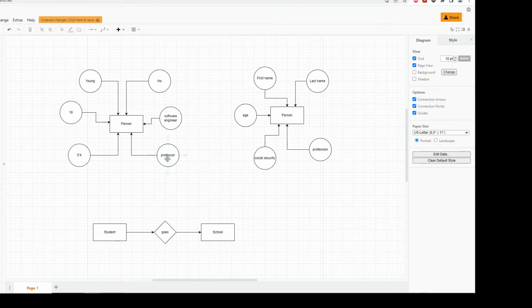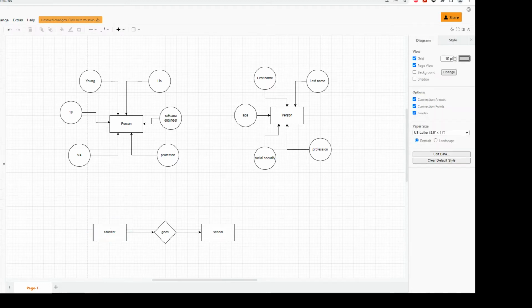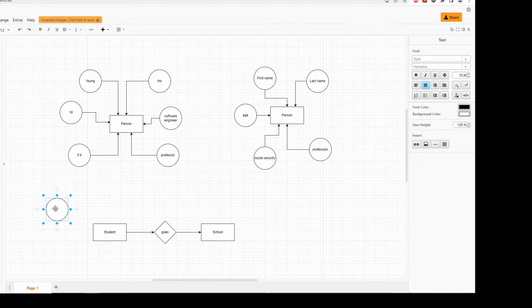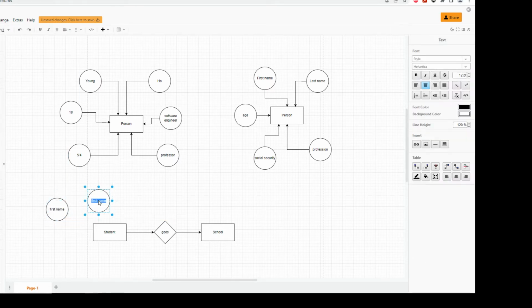If we repeat the first process of identifying the attributes that can describe the entity, some attributes that can describe student will obviously be first name and last name.